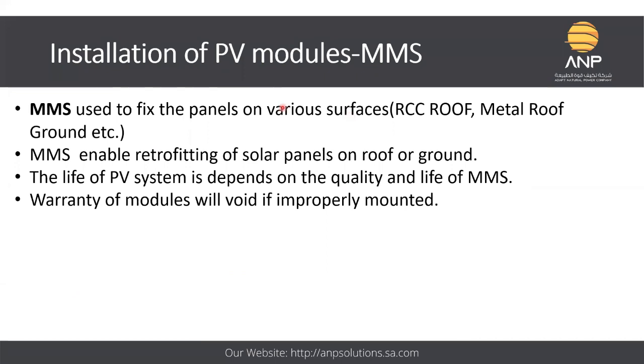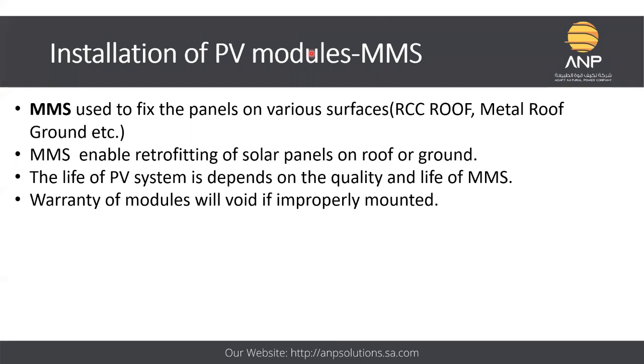The life of the PV system depends on the quality and installation of the module mounting structure. And the warranty of PV modules also depends on how you have installed them and which type of structure you have selected for your project. So this is very important.